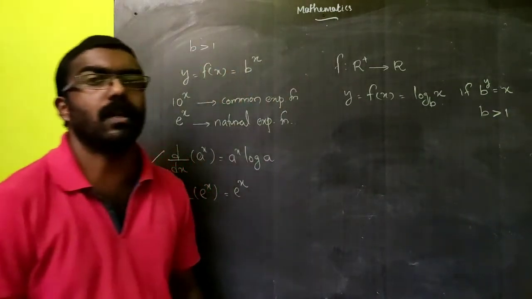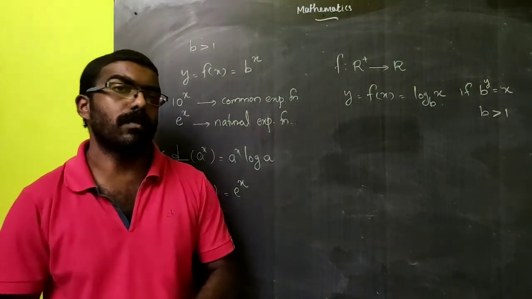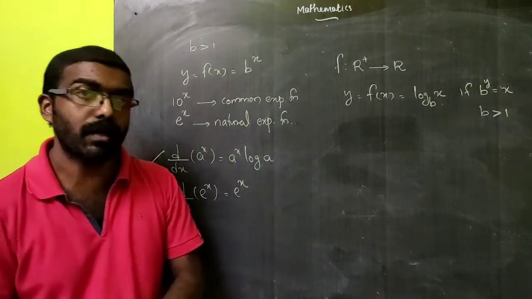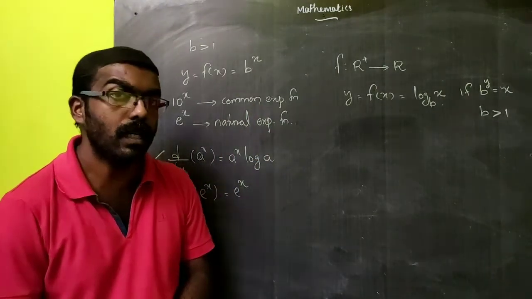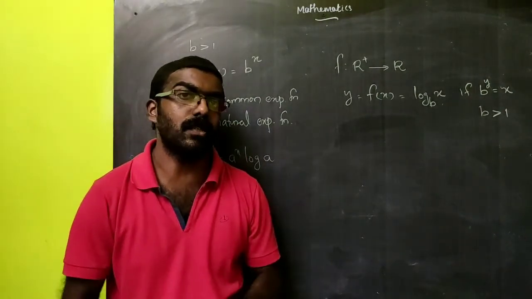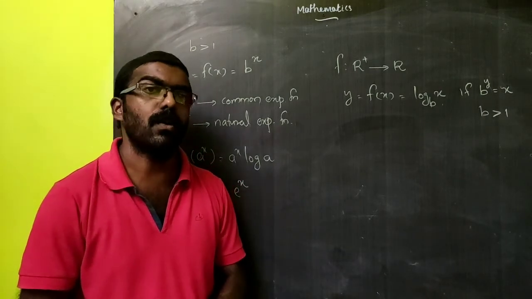Logarithmic functions with the base 10 are called common logarithmic functions, and those with the base e are called natural logarithmic functions. There are two types of logarithmic function, common logarithm and natural logarithm.